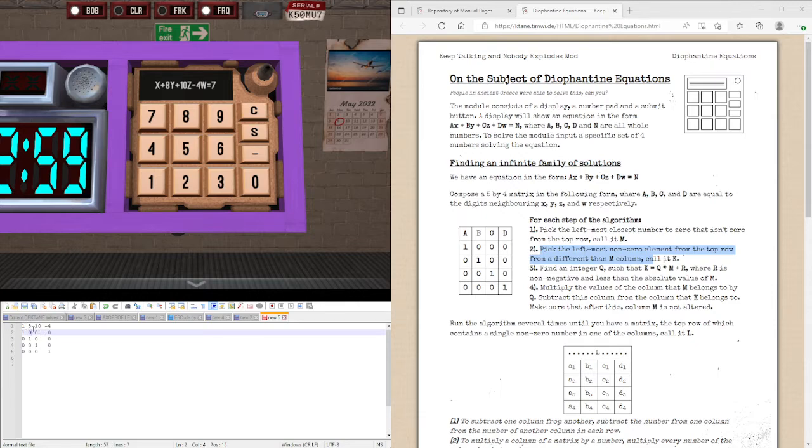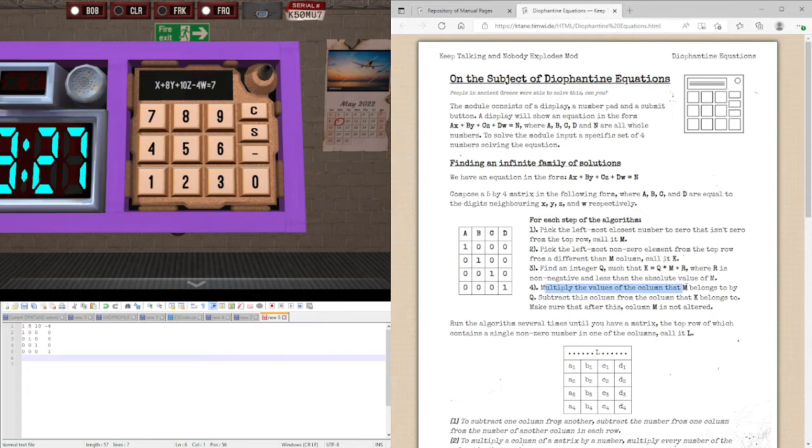So, it's nice and simple. Find an integer q such that q times n plus r equals k. Well, q is going to be k, the number, and r is going to be 0. If we multiply m1 by that number, we get 8.